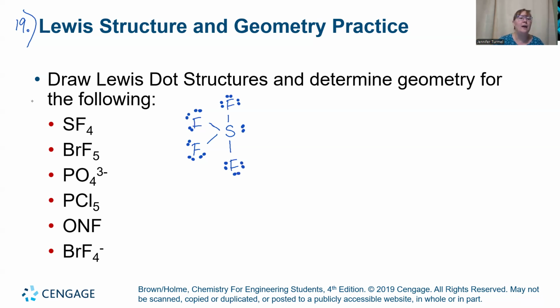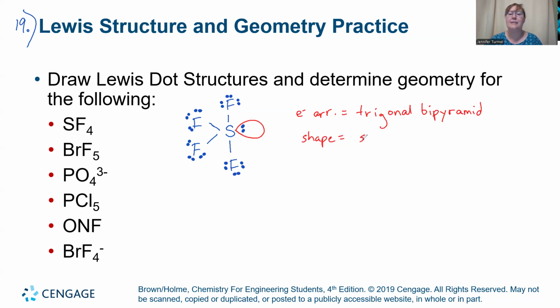Okay, so now we have this lone pair paddle coming off like this. So that means that the electron arrangement for this is trigonal bipyramid. And if you look at the previous slide, those printouts, you'll see that this goes along with a shape that is seesaw.